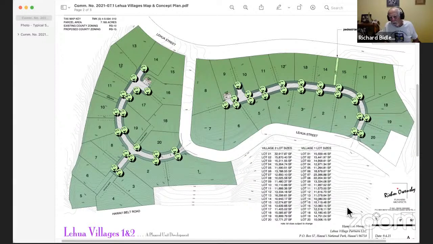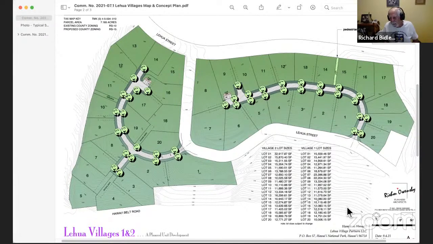Actually, I think maybe what needs to happen here, Roger, is in the development of this subdivision, you need to include the current subdivision so that we all have a better picture of the projected development that you're proposing.